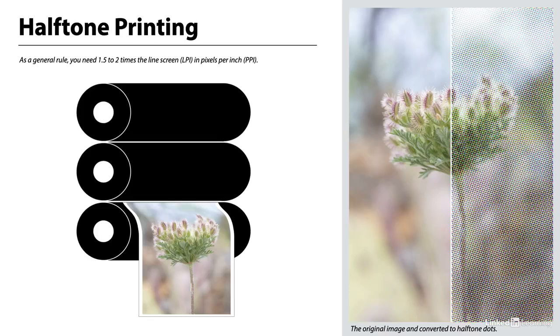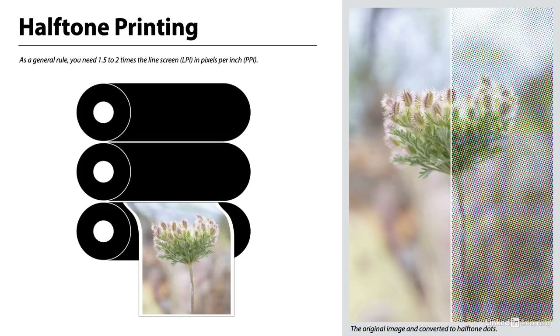This is due in part to what's called dot gain. When you print on a lower quality paper, the ink tends to spread out when it hits the paper, and the dots tend to bleed into one another. If we look at a newspaper as an example, because of the coarseness of the paper, you can't print with a very high line screen because the dot gain makes it difficult to hold the details as the dots spread.